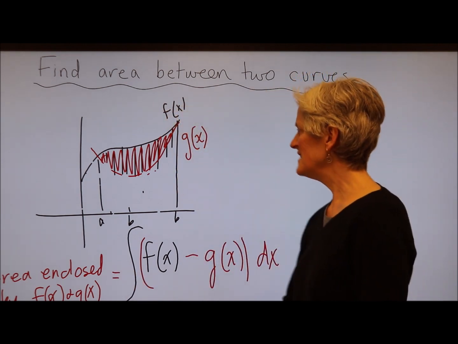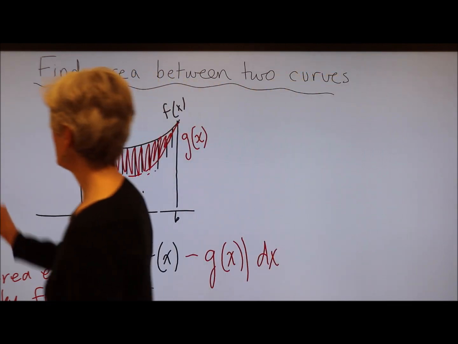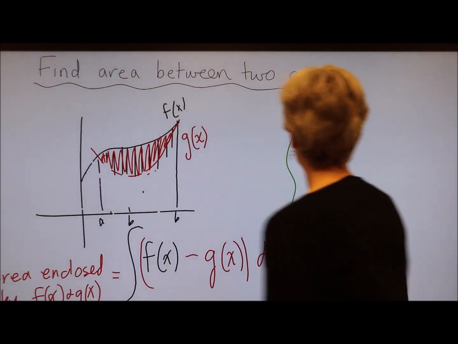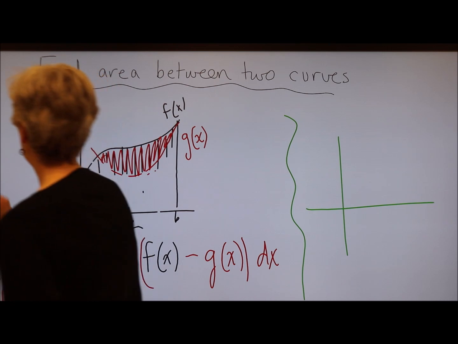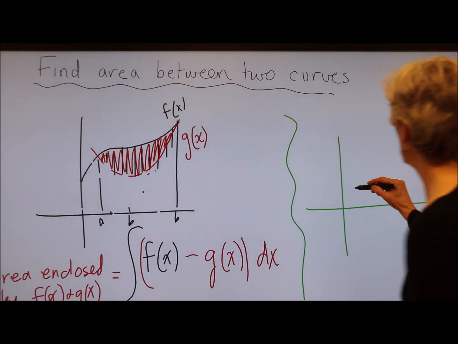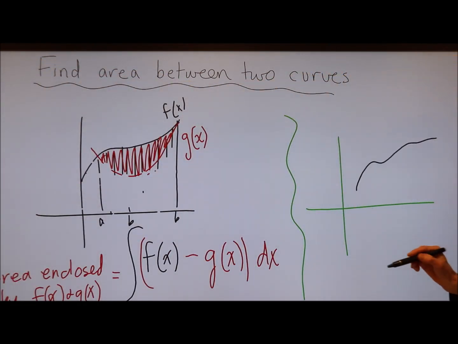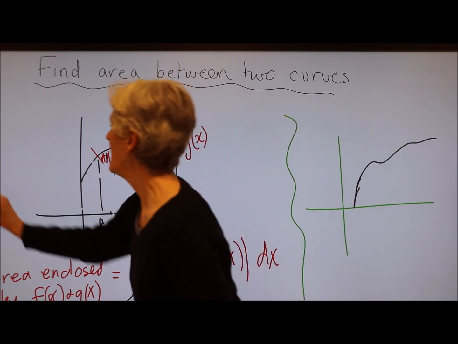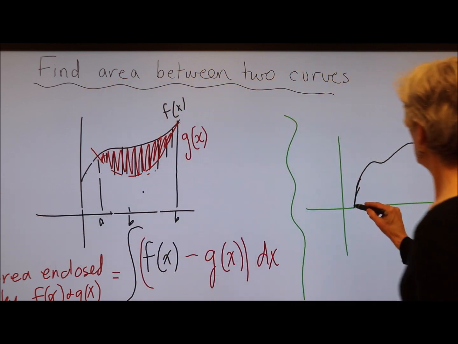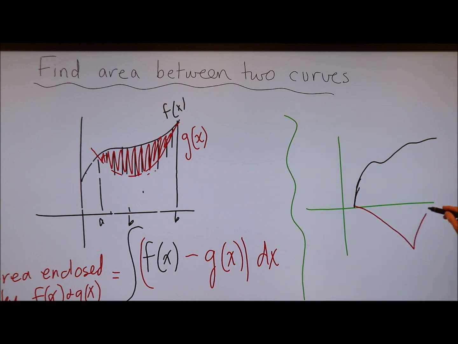Now, if we had a slightly different scenario, let's see if that would work in this situation. Let's say f of x is somewhere up here, and let's say that my g of x now is down here, right?